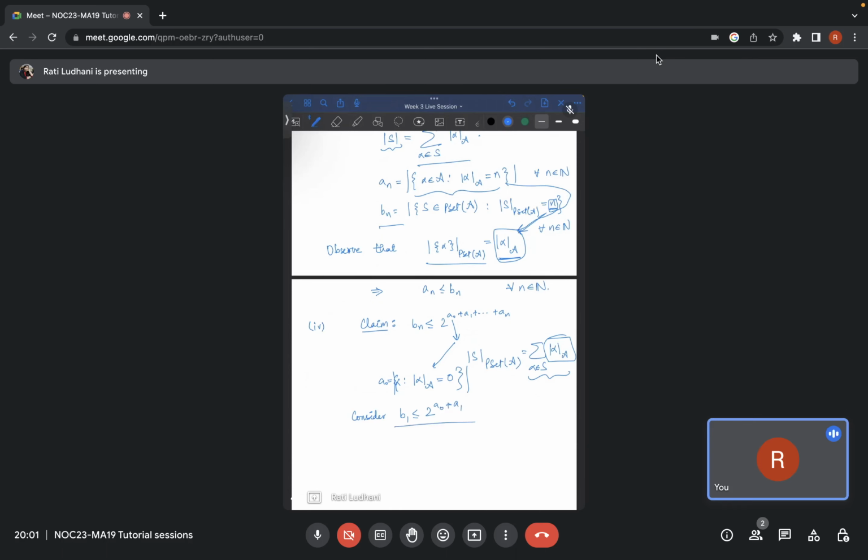If we have to prove this, now what is B1? B1 is all those elements from the power set such that the size of S is equal to 1. Now what is the power set?